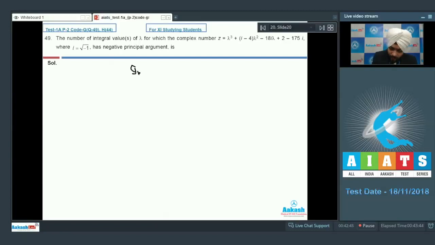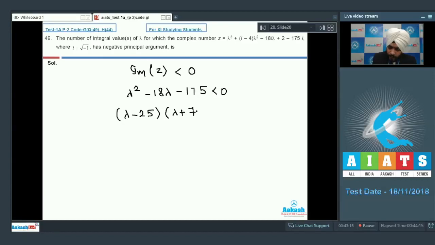So imaginary part of z has to be negative. So this is real. Lambda square from the second term, 18 lambda from the third term, and minus 175 from the last term. Very easy one. 25 and 7 less than 0.